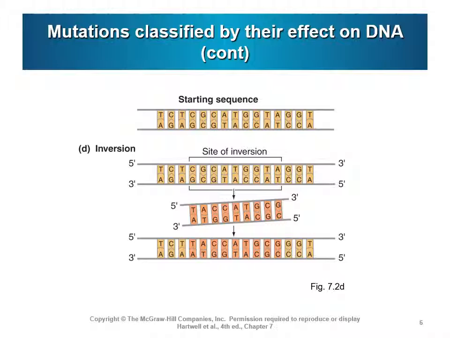A 180-degree rotation means that we are taking the strand of the complementary sequence from its 5 to 3 prime, so now it becomes the initial strand 5 to 3. Basically, that's what is happening here.